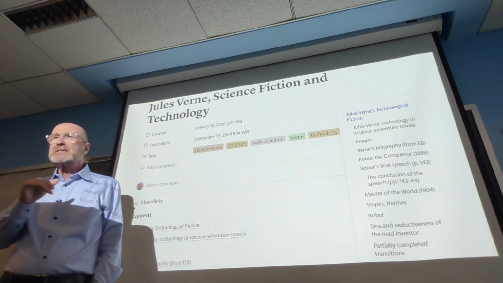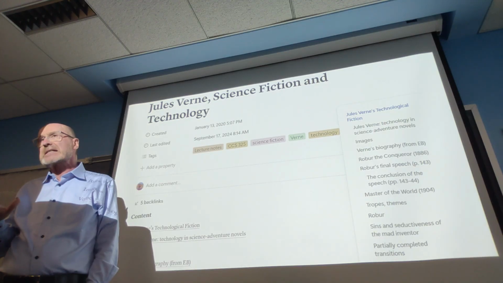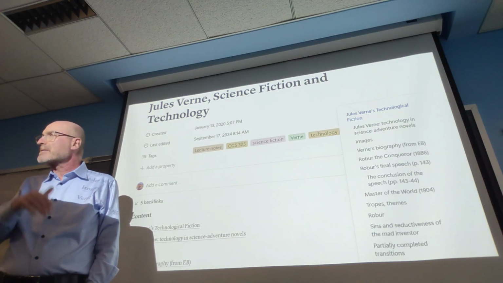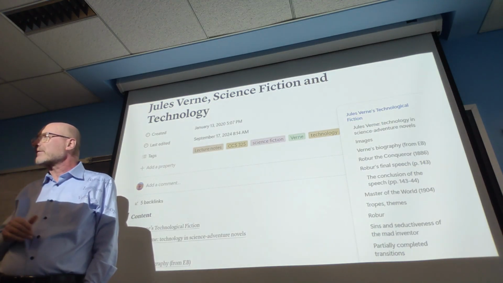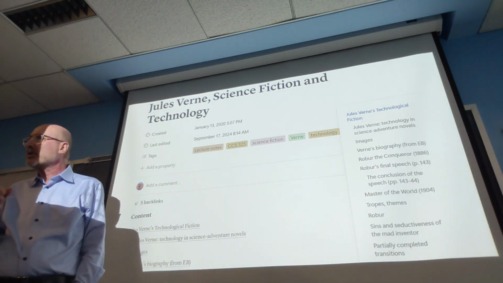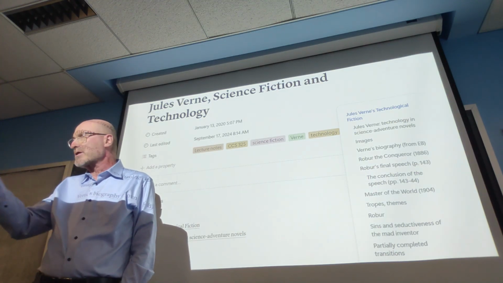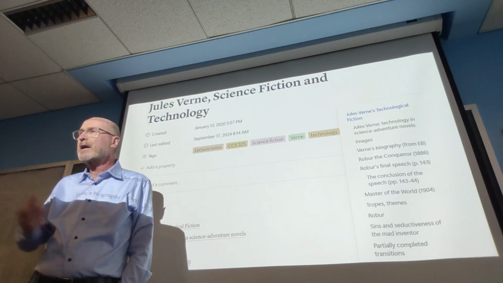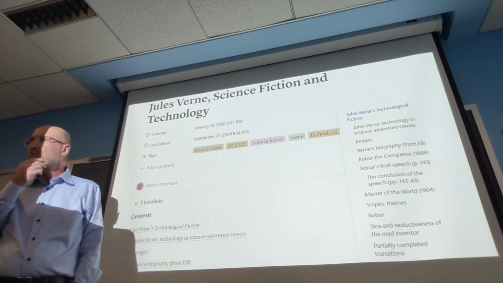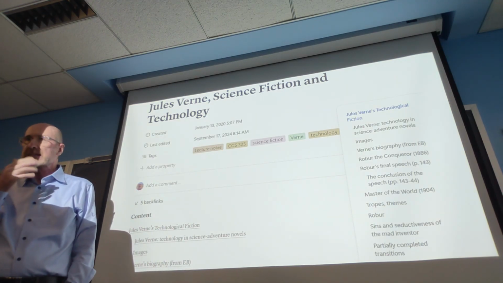And up until the 1960s, kids in a variety of countries around the world would have read at least one of his books. They were republished, reprinted through the 20th century. They're still in print now, but they were very popular for almost 100 years after his death.